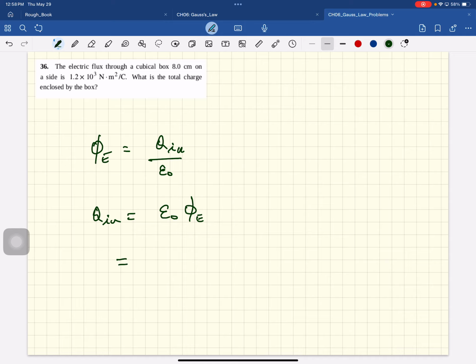So total charge is epsilon naught, which is 8.85 into 10 to the minus 12 coulomb square per Newton meter square, times the flux.